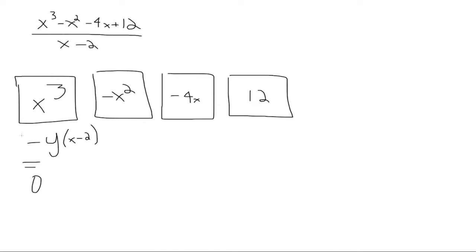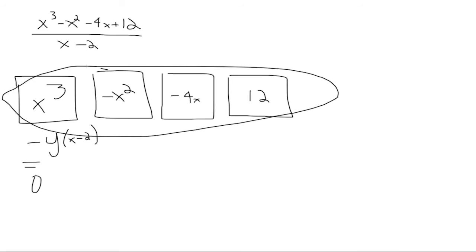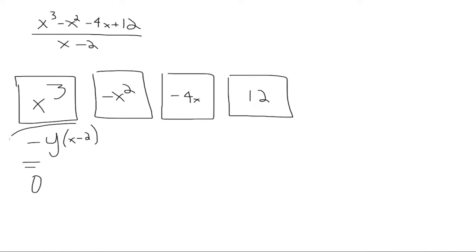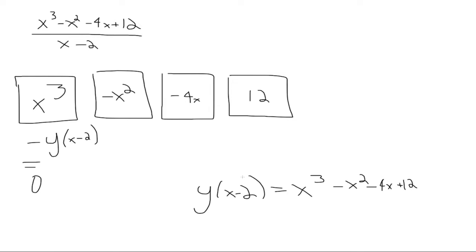Well, if we're subtracting y times x minus 2 from this polynomial and it equals 0, that's basically the same thing as saying y times x minus 2 is equal to x cubed minus x squared minus 4x plus 12.